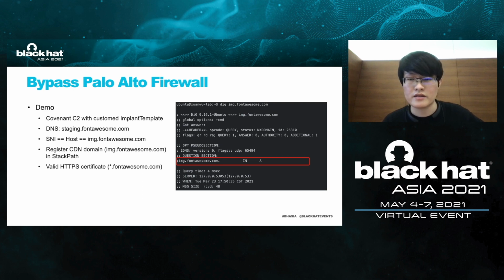And the C2 agent sets both the SNI and host to image.faultawesome.com and borrows the valid HTTPS certificate start.faultawesome.com from StarPass CDN. As the picture shows, image.faultawesome.com is a non-existent domain which doesn't have any DNS record.